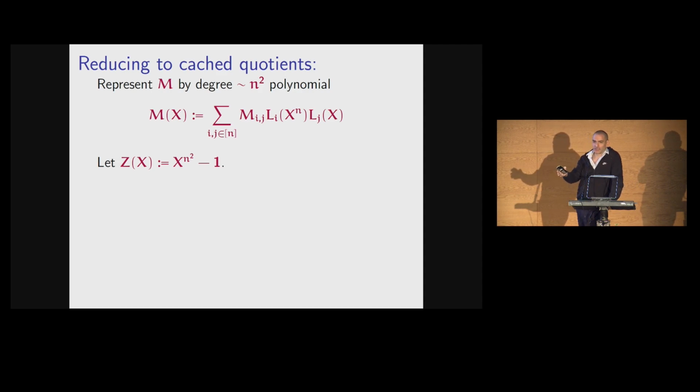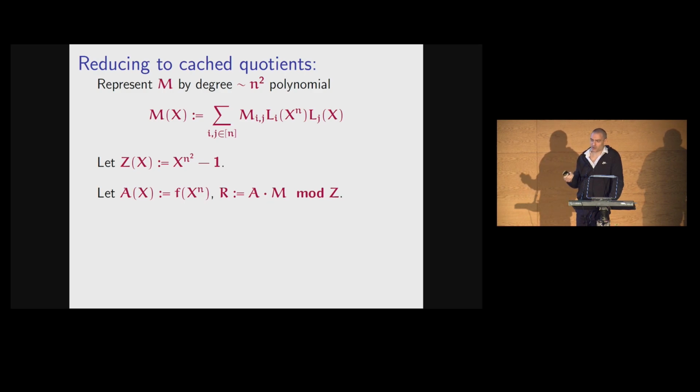And now let z be the polynomial x to the n squared minus 1. And let a be our input polynomial, but with x to the n inside. So a is like f of x to the n. And now finally let r be a times m mod z.